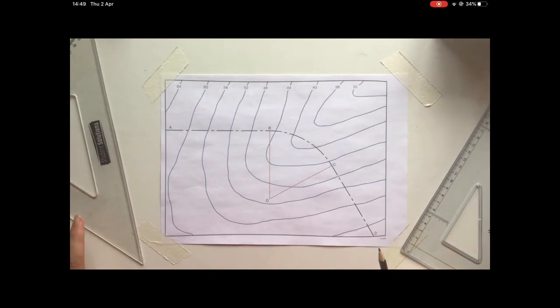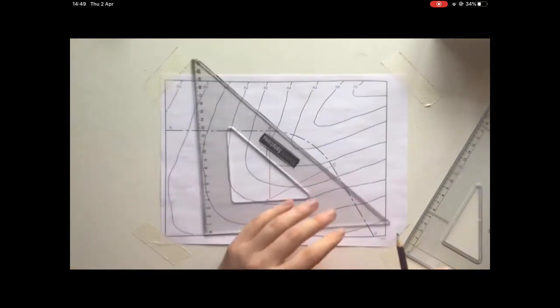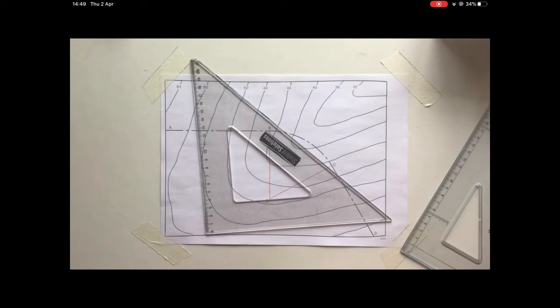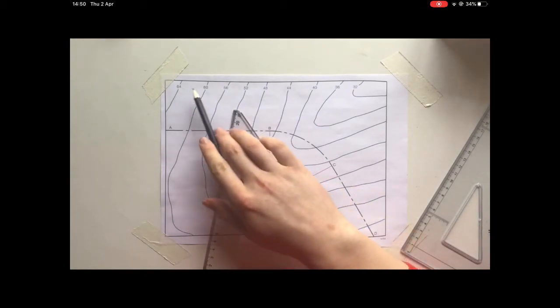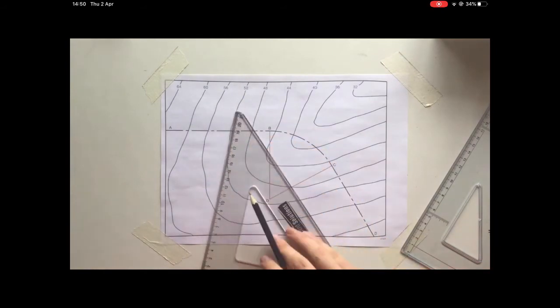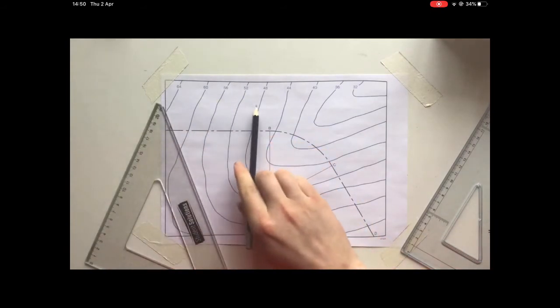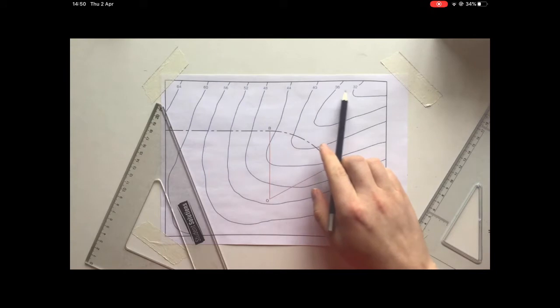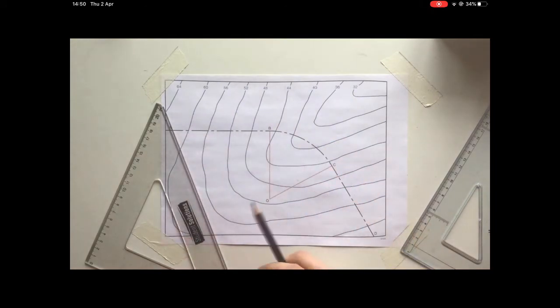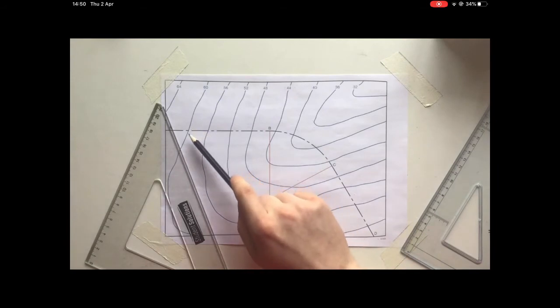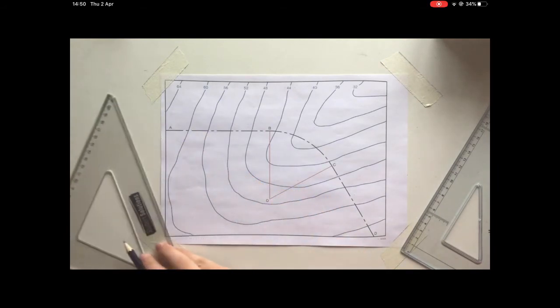So, first thing we do, we'll just give one look at the question and we'll see that our contours are 64, 60, 56, 52. So we seem to be going downhill here into the 40s, and we're actually going downhill the whole way. So we expect to get to a 52 meter formation level.